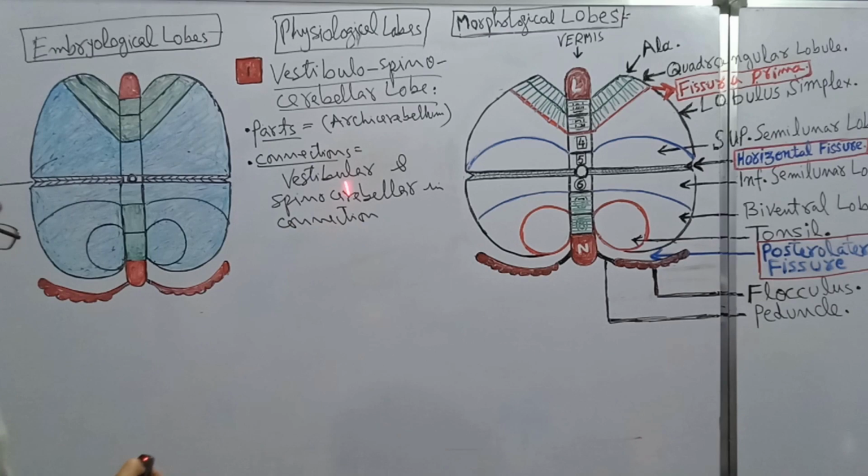That is, the cerebellum is connected with vestibular nuclei and with the spinal cord. So the fibers which connect the archicerebellum with vestibular nuclei and with the spinal cord are vestibular and spinocerebellar in connection.